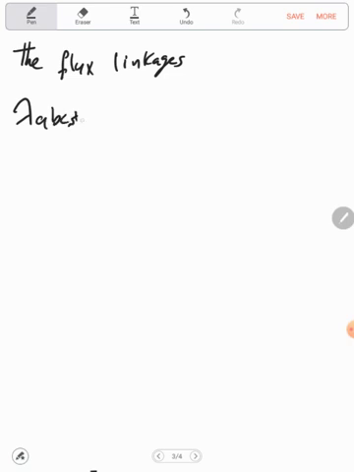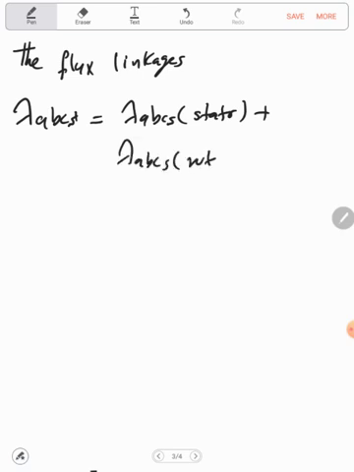So here we can write the flux linkage. So lambda ABCS will equal lambda ABCS due to the stator plus lambda ABCS due to the rotor.